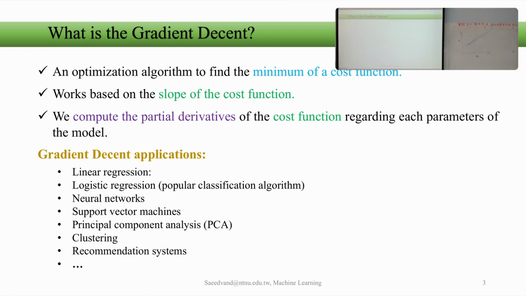So let's start with gradient descent. It's a very popular, very important algorithm in machine learning. It's critical to know how it works. It is simple, but let's break it down from the beginning. We say it is an optimization algorithm to find the minimum of the cost function. So we want to minimize the error of the prediction.